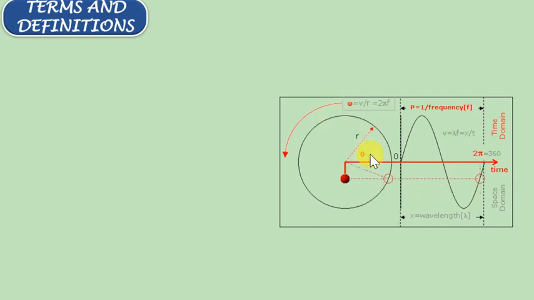So that means there is a link or relationship between the to and fro movement along the diameter and the circular motion around the circle. And then looking at the displacement, you can see the displacement gives us a sine curve or a sinusoidal wave. That is for a simple harmonic motion.